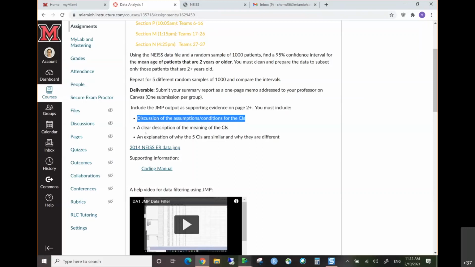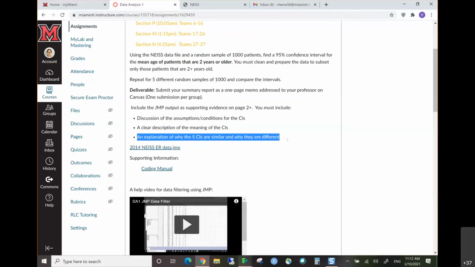Next, once you have the confidence interval, you always need to interpret it. So that will be the second thing, a clear description of the meanings of the confidence intervals you got.